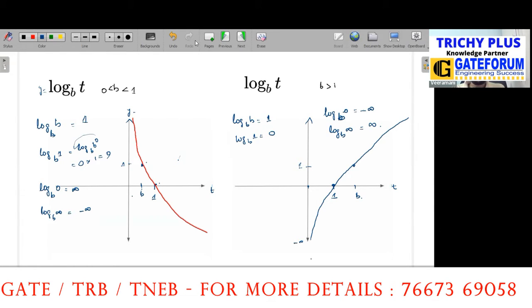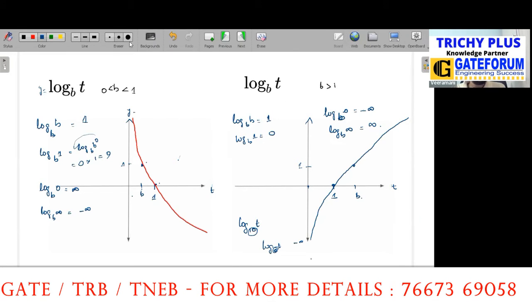Second one, because whatever log we use, it's always log base 10 or log base e, and both 10 and e are greater than 1. So for whatever the things, you have to follow the second curve, not the first.